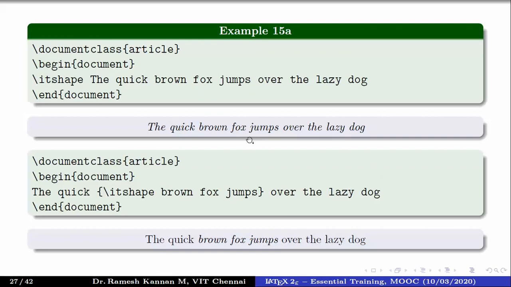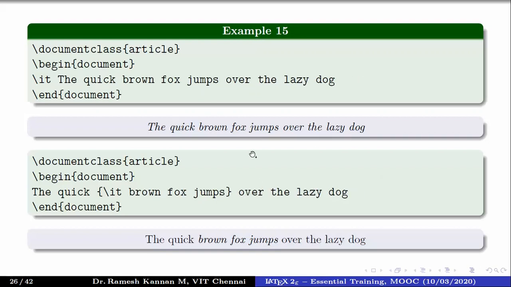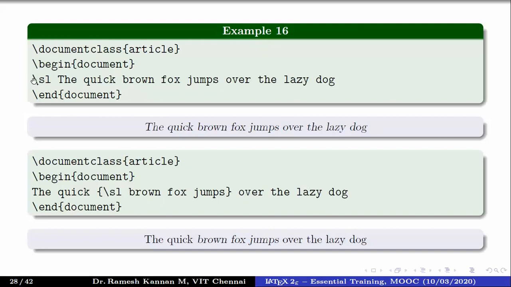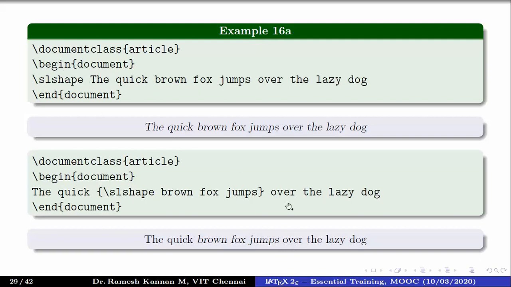And \itshape does the same function. Probably you can see the output doesn't change even if you use \it or \itshape. Then in the same way you can use \sl, which stands for slanted, and can even use it within the bracket for some selected terms. Then you can even use \slshape, and that doesn't make any difference.